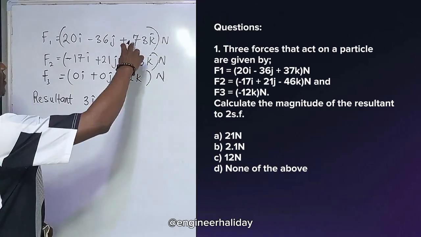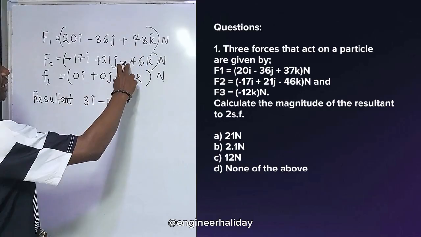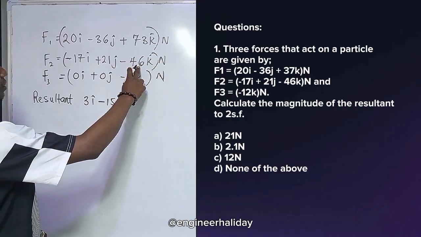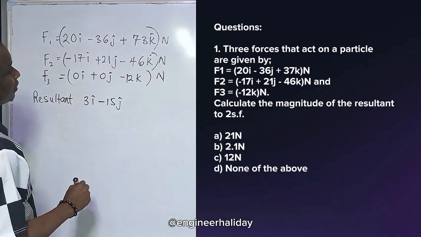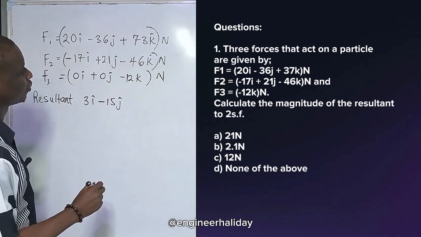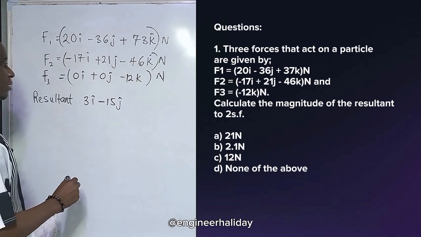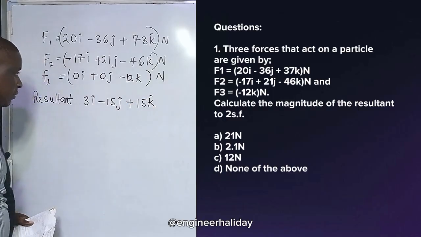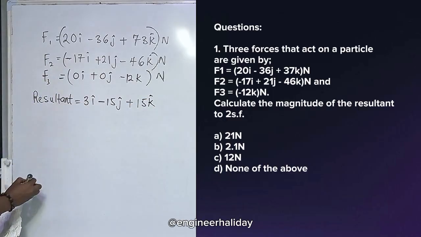Then lastly, 73 minus 46 will give us 27, minus 12 should give us 15k. Now this is the resultant.